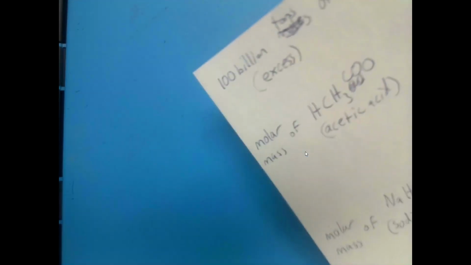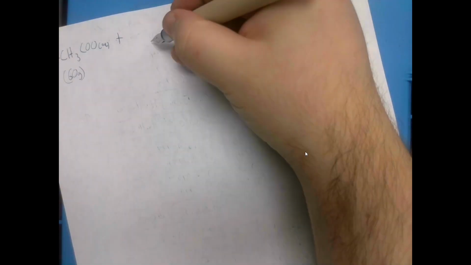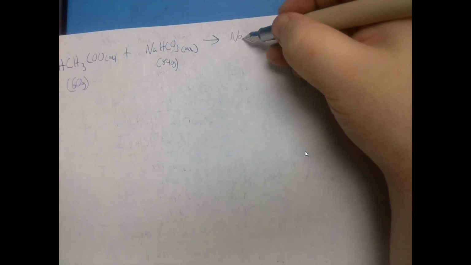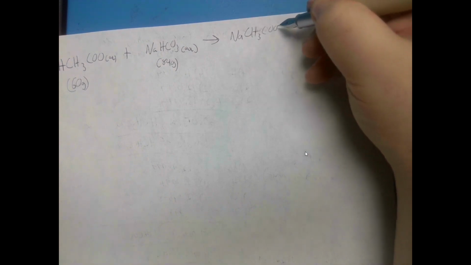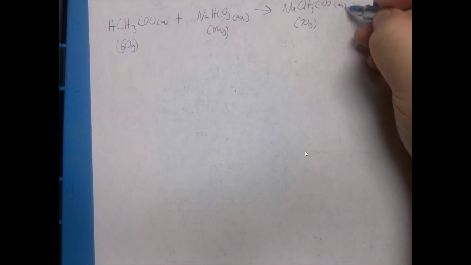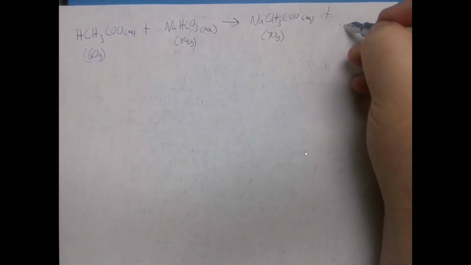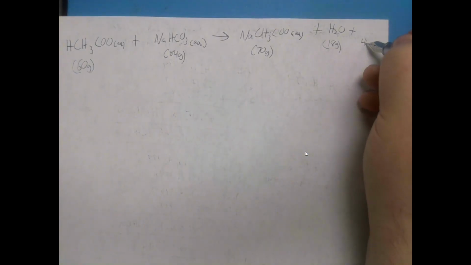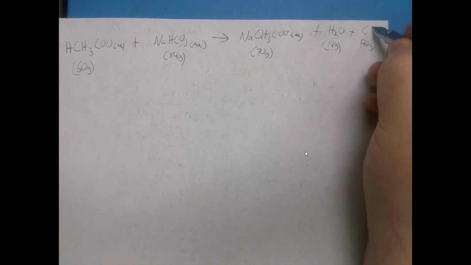And then if I have 84 grams of NaHCO3, then I expect I will get 70 grams of sodium acetate, and I will get 18 grams of water, and I will get 44 grams of carbon dioxide.